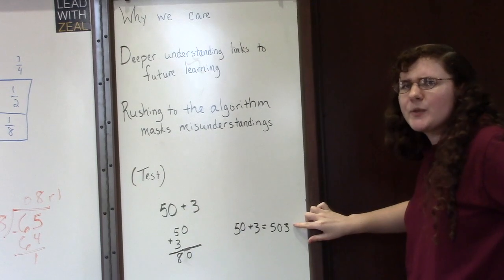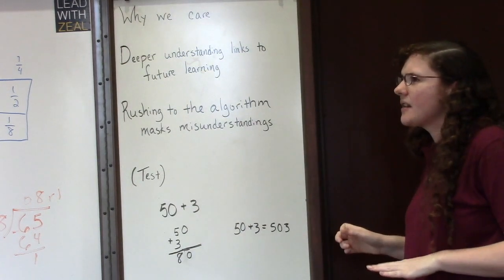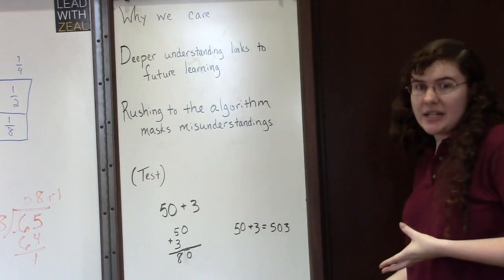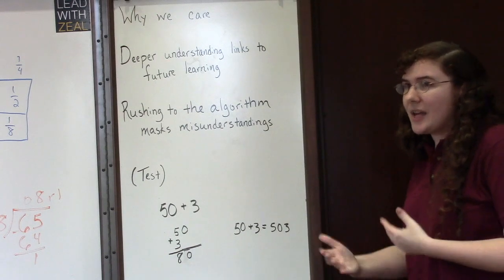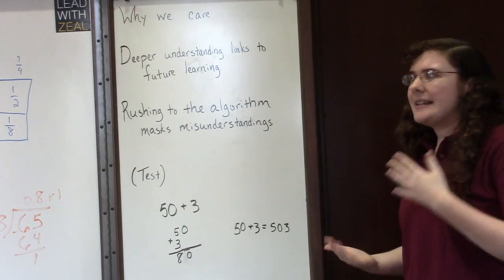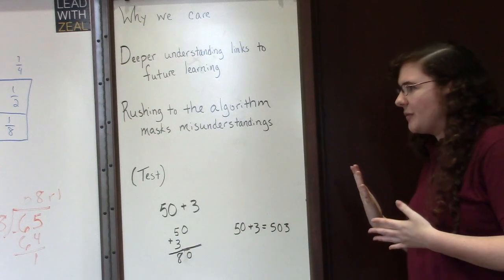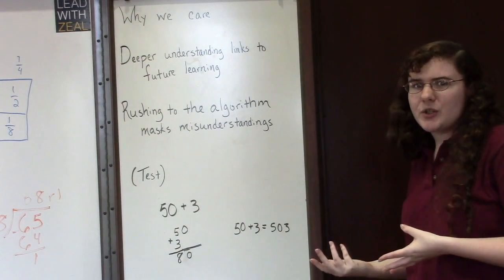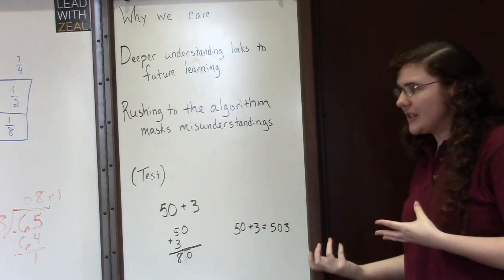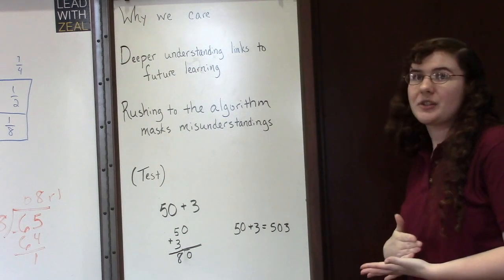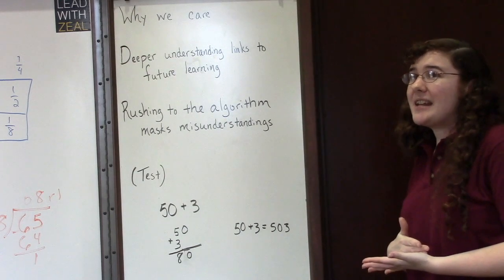So there's lots of ways that students can have misunderstandings and not have these things corrected for years and years. You can run into 5th or even 6th graders who don't understand any of these computational steps because they never learned them.